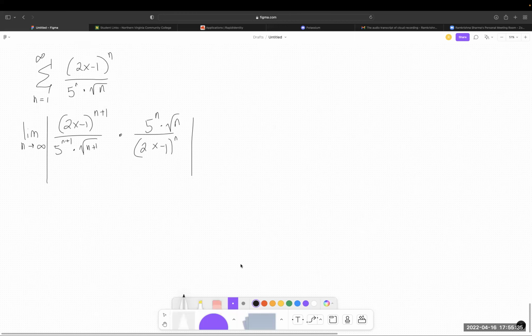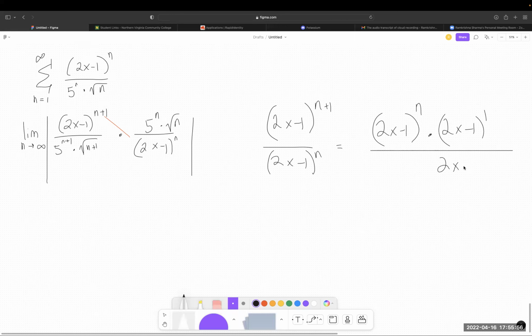Let's see if we have any cancellation properties. This one is a clear indication of being a cancellation property. So that's (2x minus 1) to the n plus 1 divided by (2x minus 1) to the n, which is 2x minus 1. This cancels.